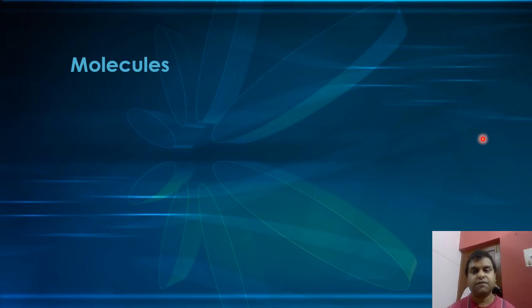Molecules. We've discussed molecules briefly when we started off: when atoms come together they form a molecule, just like when cells come together, they form tissues.